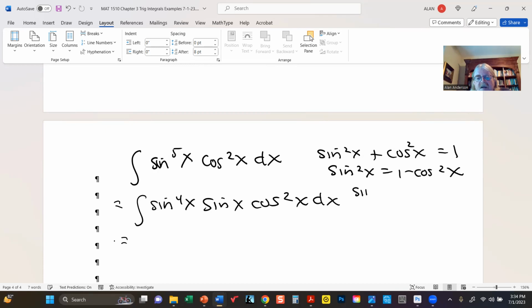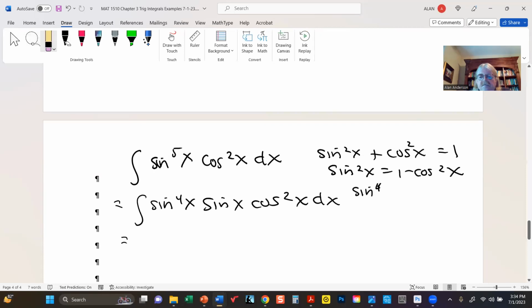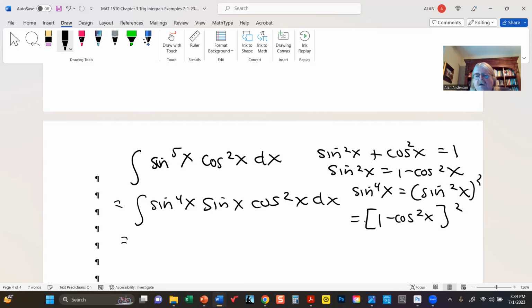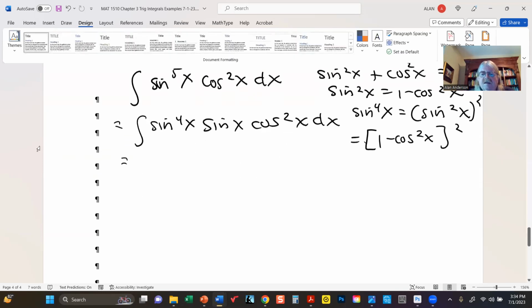Oh, and by the way, this implies that sine x squared squared, which we can now write as one minus cosine squared x squared. Now we can solve this with FOIL. All right, let's try that.